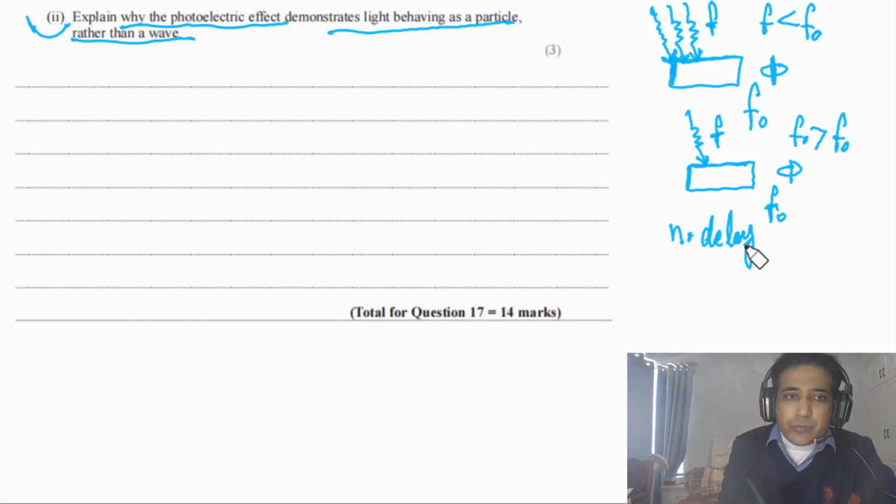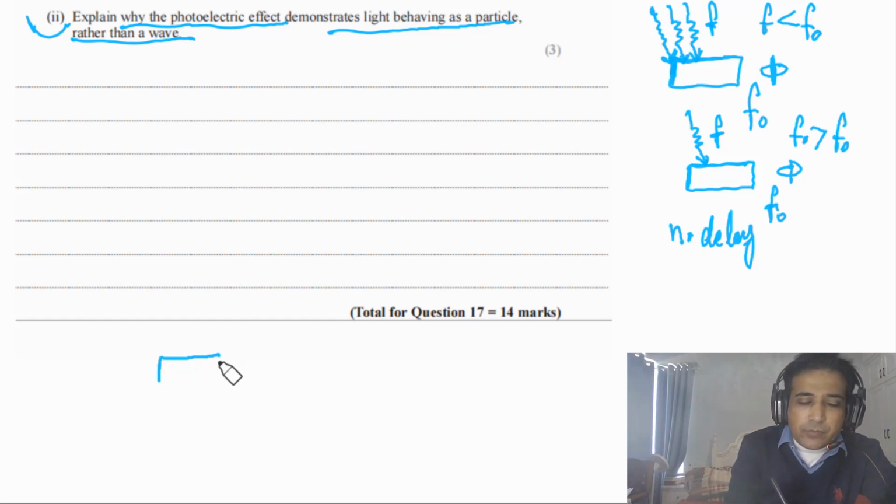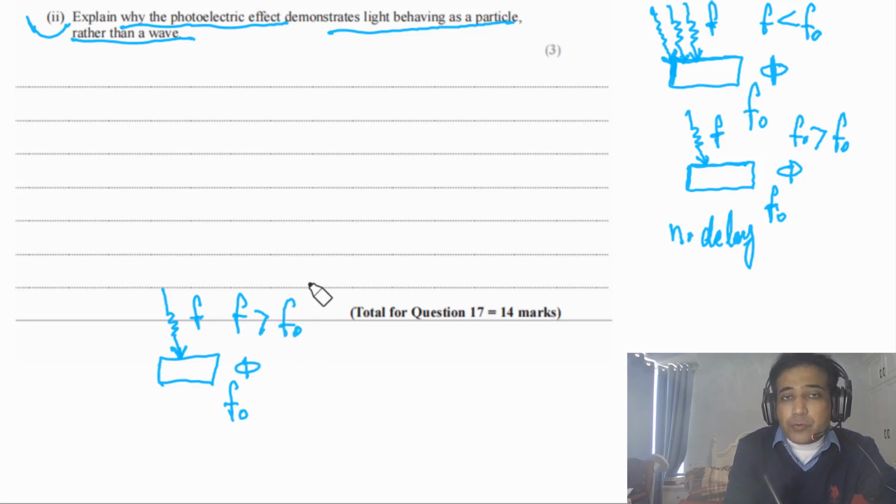And the third point we can understand, now imagine that we have this metal and it has work function phi and threshold frequency is f0. Now if we shine light on this one with frequency f, and if f is greater than f0, there will be emission of photoelectrons. Now if we go on increasing this frequency, kinetic energy of emitted electrons will go on increasing.